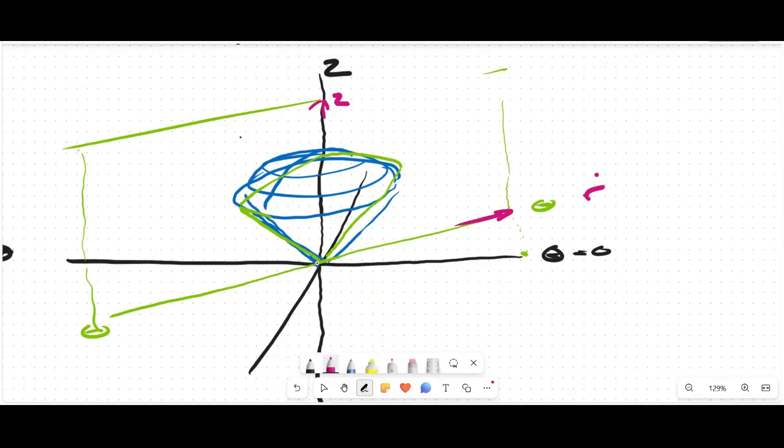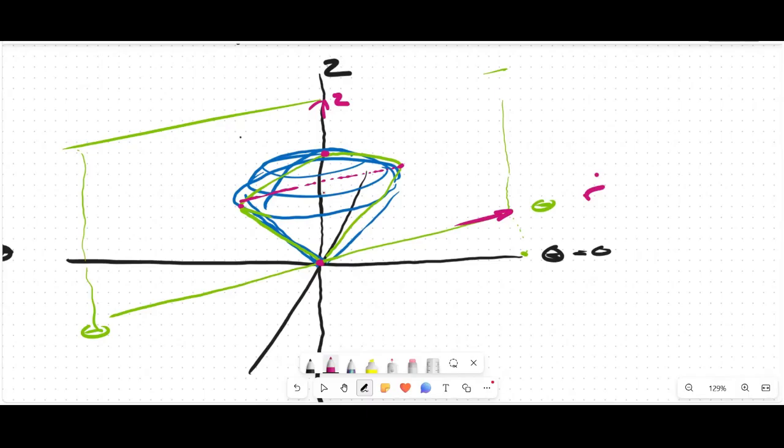Z goes from 0 to 2. But there's a problem. The shape we're about to try to draw has corners there and there. Above that line that I just drew, the shape will be described by these bounds here coming from the paraboloid.